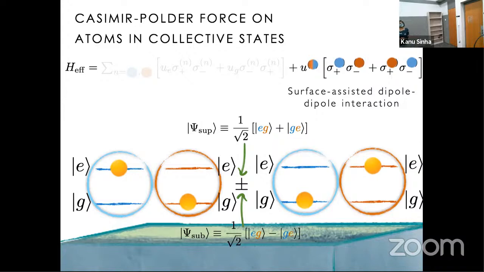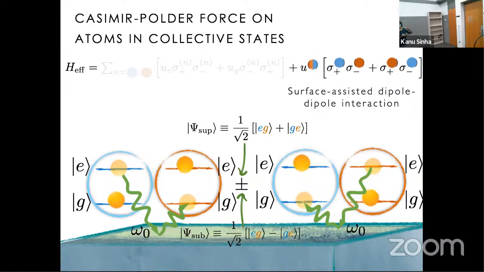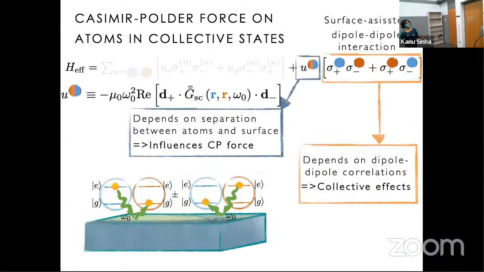Now, there can be a virtual process like this, where the two atoms can exchange an excitation via scattering a photon off the surface. Okay. And these two processes can interfere either constructively or destructively. And depending on that, we can have a positive or a negative contribution to this surface-assisted dipole-dipole interaction term.